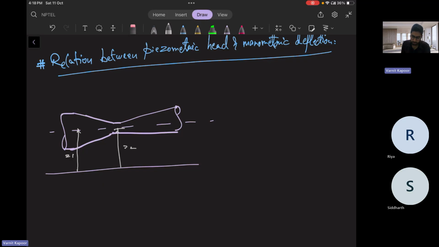Let us suppose that it is a bit inclined or whatever it is, or both are equal, doesn't matter. We are saying at point 1 and point 2. Again, flow is happening from here. Fluid is flowing, and we have a piezometer attached at this point and a piezometer attached at this point. Here my piezometric head is higher compared to this.